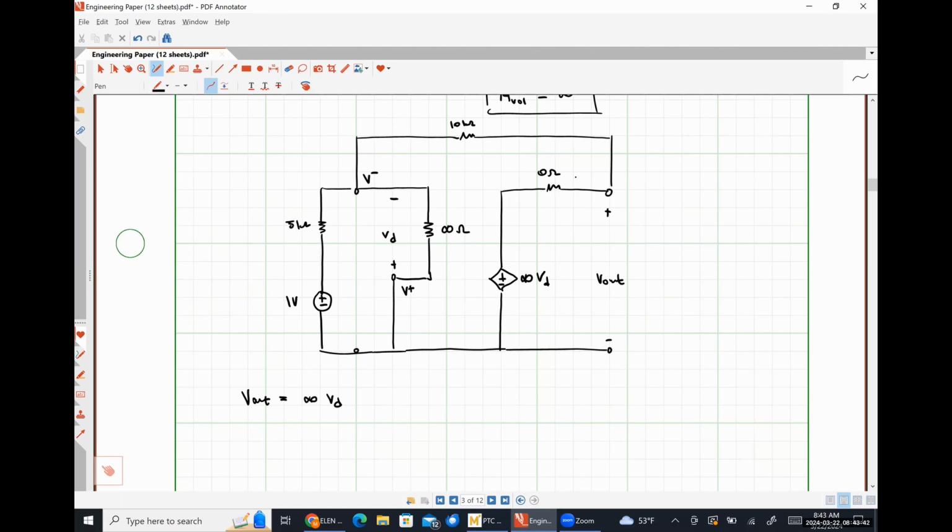And I can say that because there's very obviously no voltage drop across our 0 ohm resistor because it's a 0 ohm resistor. So this voltage and this voltage literally have to be equal, okay?